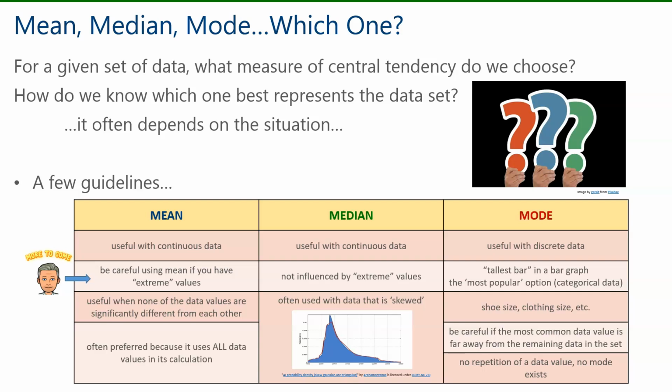Mode is very useful when we talk shoe size, clothing size, small, medium, large, and so on. Be careful using mode if the most common data value is far away from the remaining data in the set. And recall, if there's no repetition of a data value, then no mode exists.